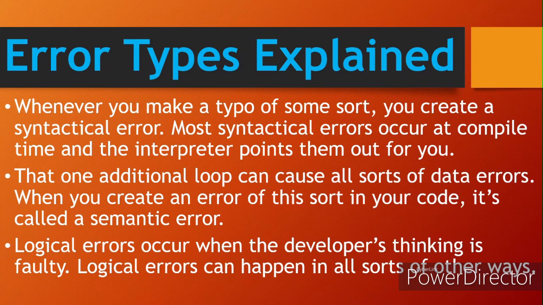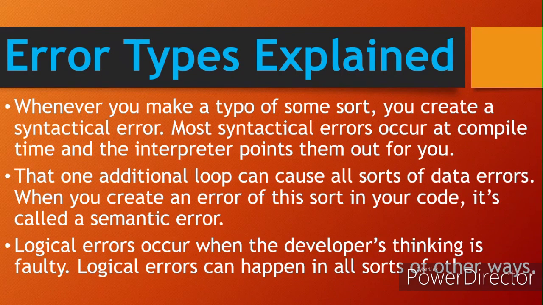In many cases, this sort of error happens when the developer uses a rational or logical operator incorrectly. However, logical errors can happen in all sorts of other ways too. For example, a developer might think that the data is always stored on the local hard drive, which means that the application may behave in an unusual manner when it attempts to load data from a network drive instead.